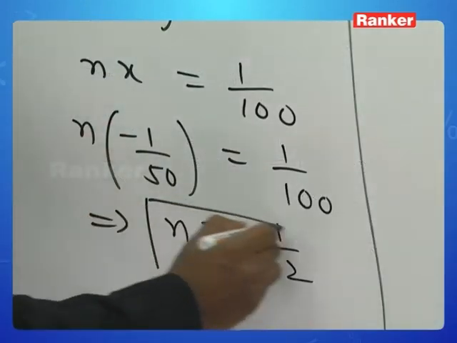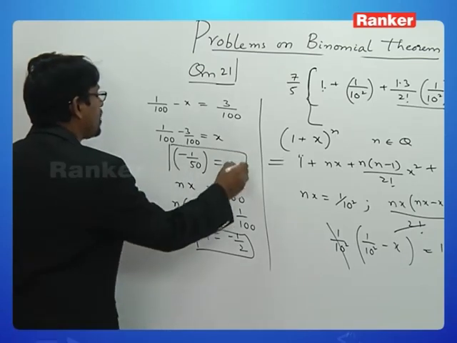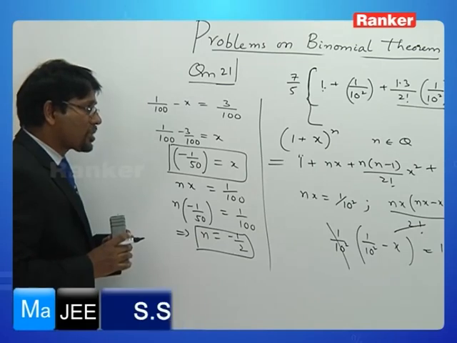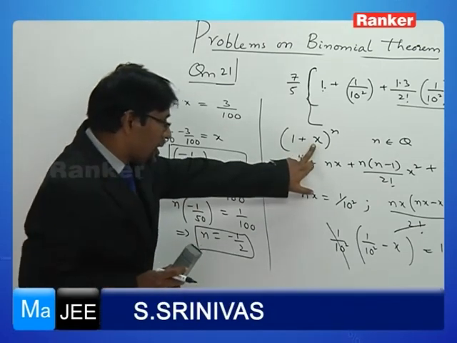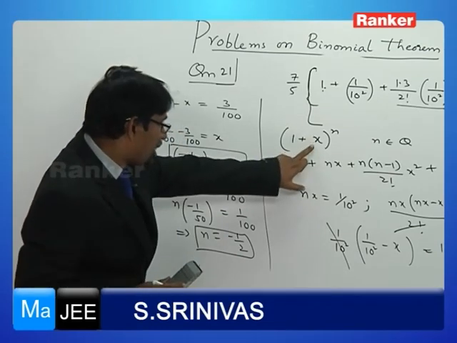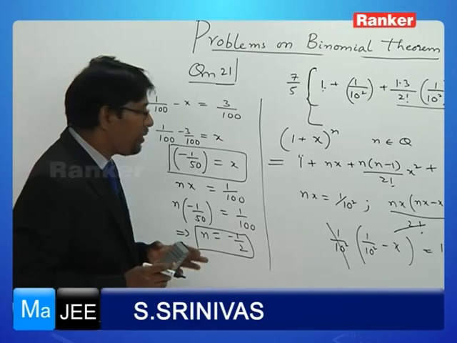So, the n value is minus 1 by 2 and the x value, what did you get? Minus 1 by 50. So, let us take these two values and write the expansion. It is simply, this part is nothing but 1 plus x power n, where n is equal to minus half and x is equal to minus 1 by 50.